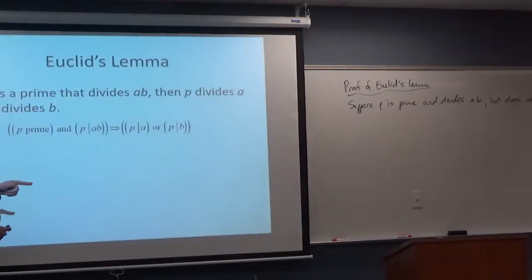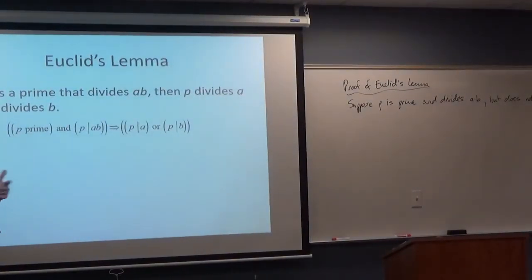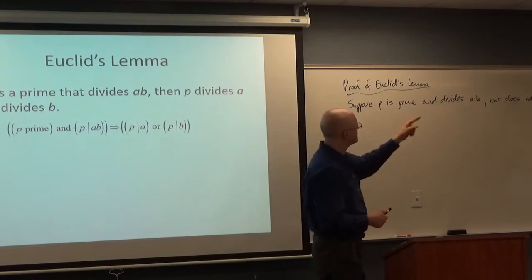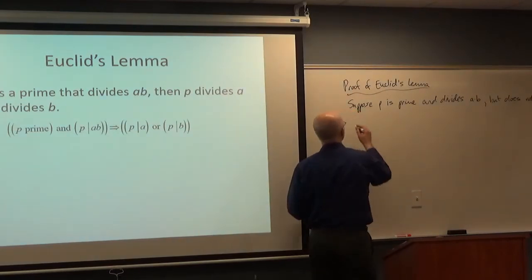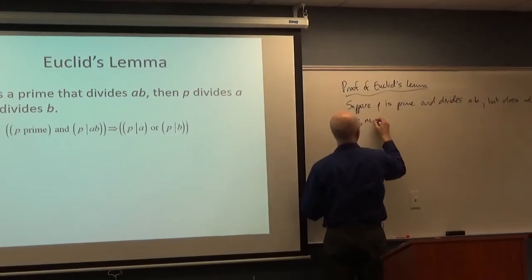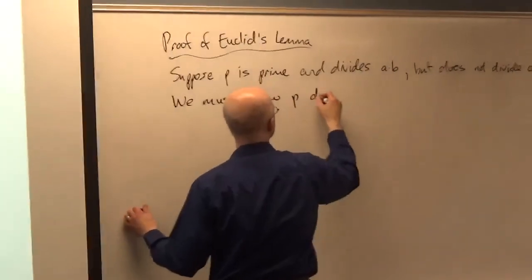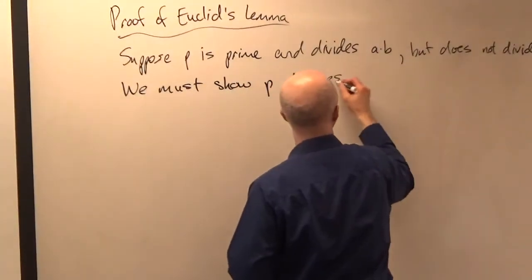The case where P does not divide B would be equivalent. There would be the same proof. So I can get away by making this assumption and showing that P divides B. We must show P divides B. That's the goal.